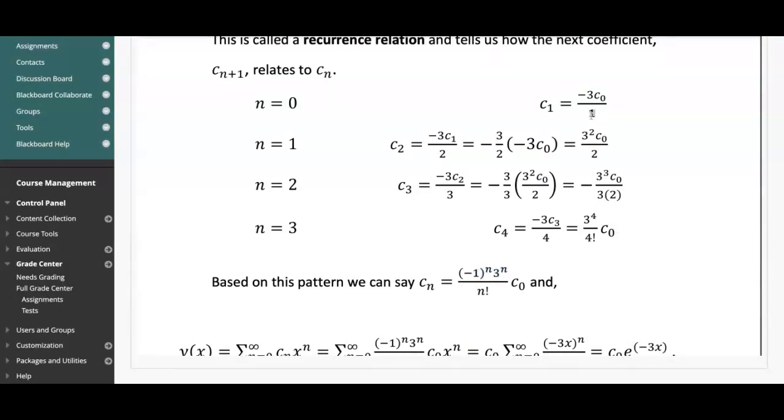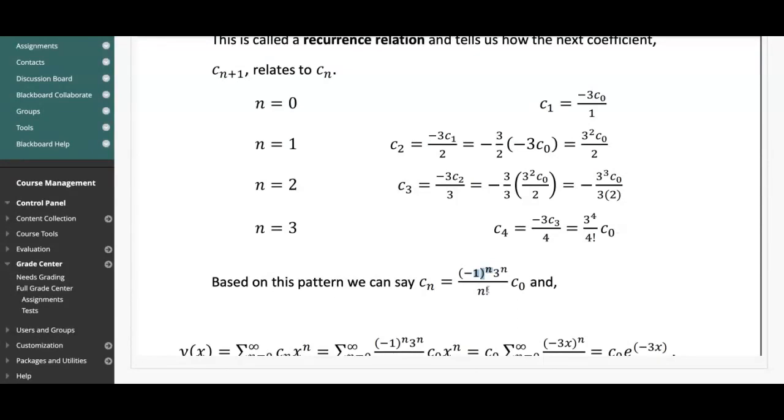In the denominator, we see 1, 2, 2 times 3, 3 factorial. 2 is 2 factorial. 1 is 1 factorial. So C4 has 4 factorial. Cn has n factorial in the denominator. So a general term is Cn equals negative 3 raised to n.